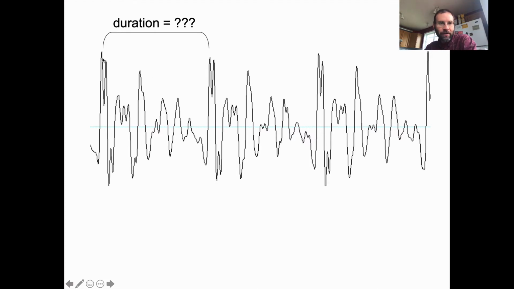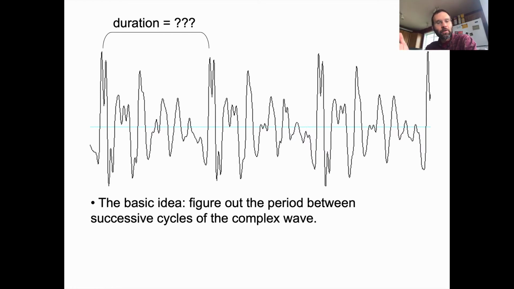Even though they're not perfect, we can see, well, here's one glottal pulse, here's the next glottal pulse. There's a duration difference between them. There's some amount of time that elapses between those two glottal pulses, and then the cycle begins again. That duration is the fundamental period of this complex wave. If I know what the fundamental period is, then I can figure out what the fundamental frequency is, because there's this very straightforward relationship between the two, right?